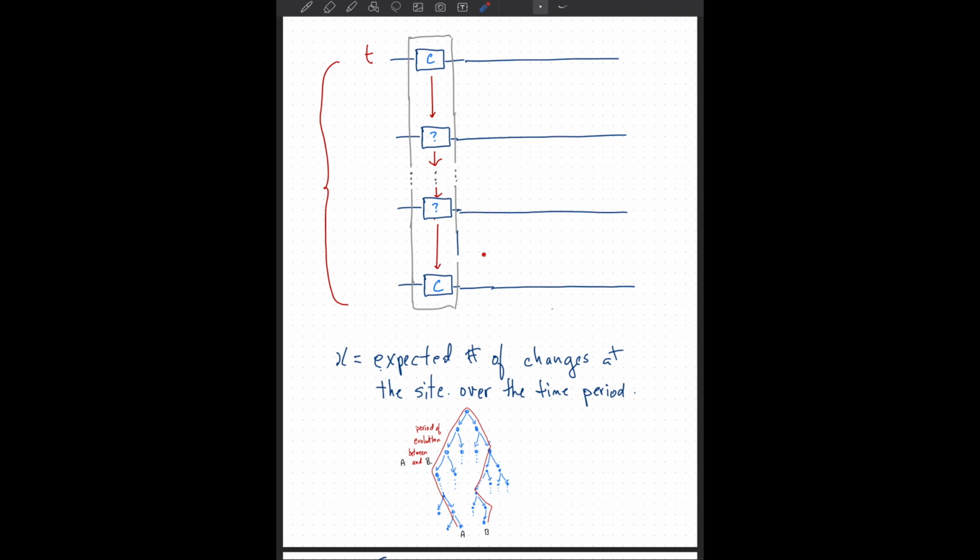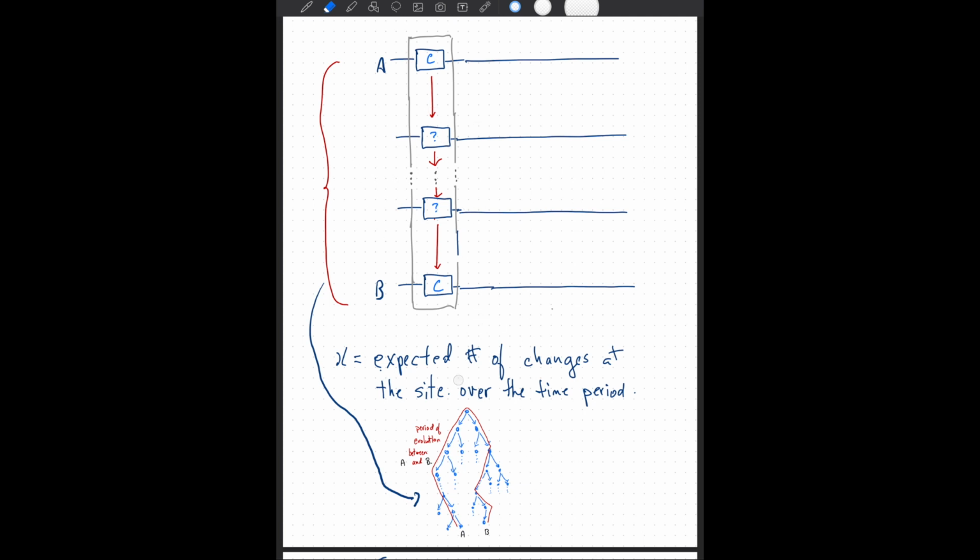So this might be my organism A, and this might be my organism B, and that red line, going from here to here, is the time along this axis. Hopefully that's clear. I should get rid of this guy here so there's no confusion.